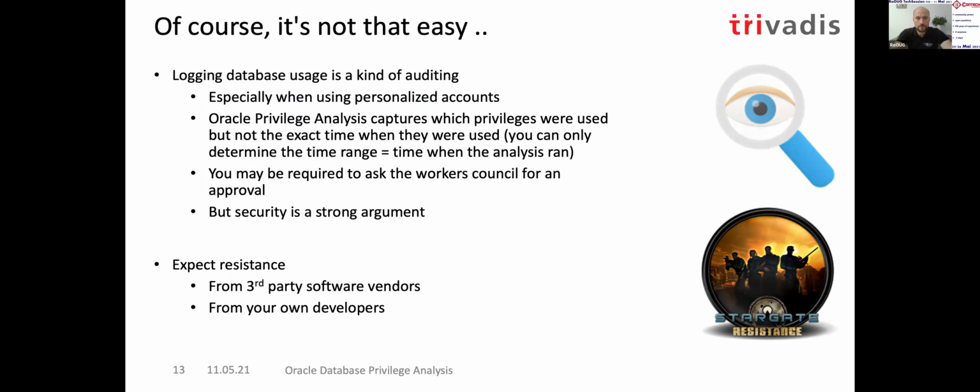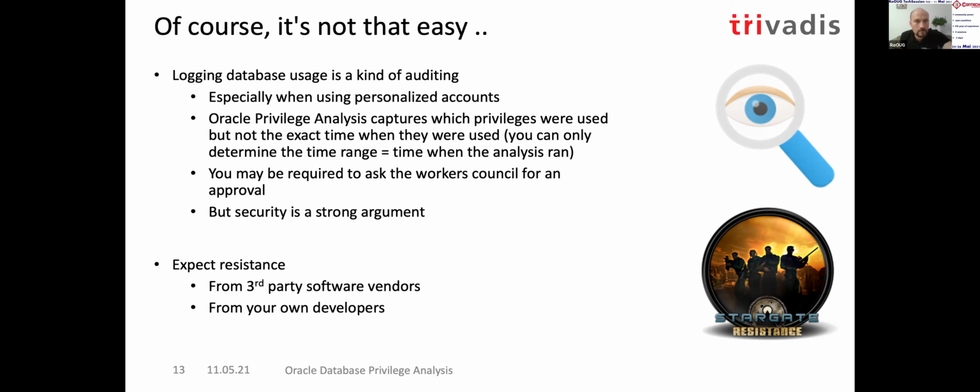In reality, it's a little bit more difficult because logging the database usage, user X did that, is kind of auditing. I don't know about the situation in Romania, but in Germany, you've got strong workers' councils, and they don't like when you audit who did what when.